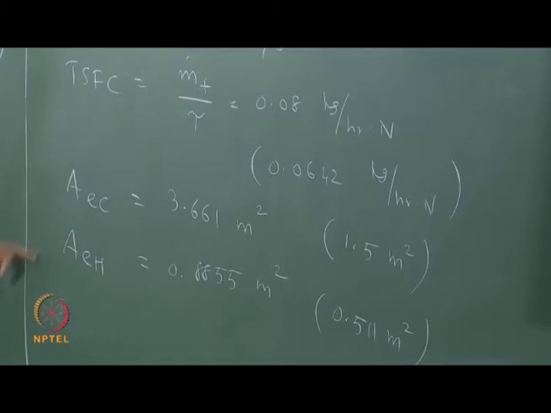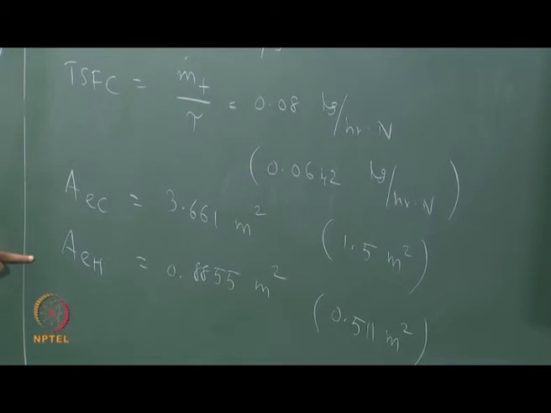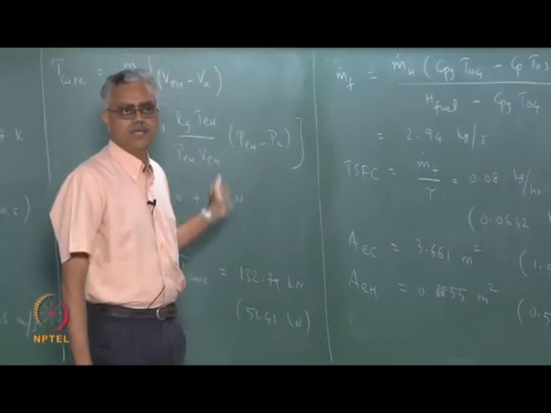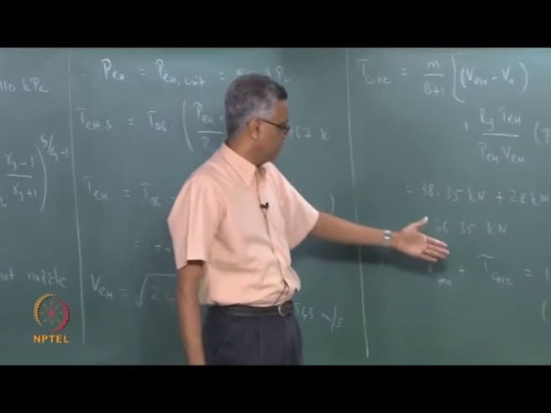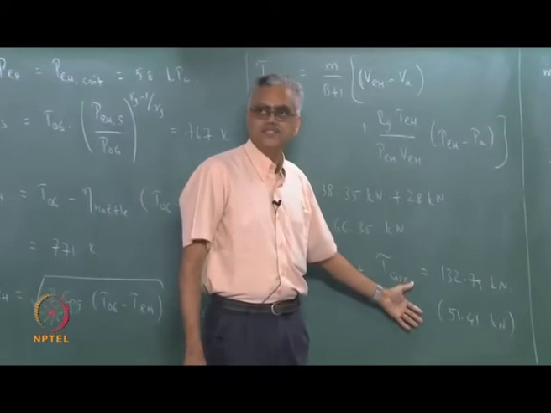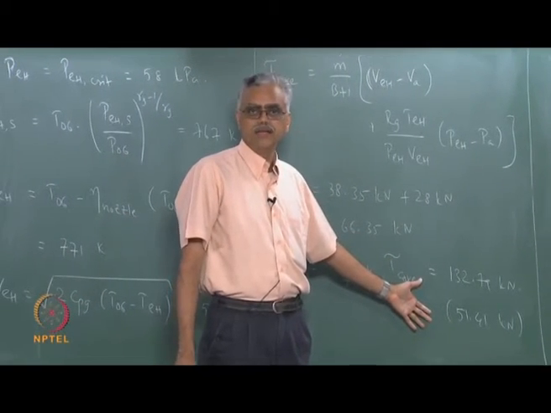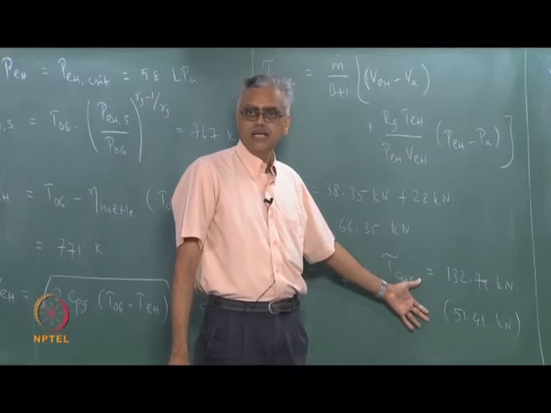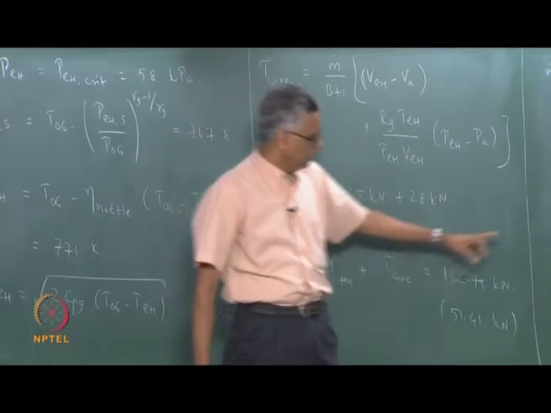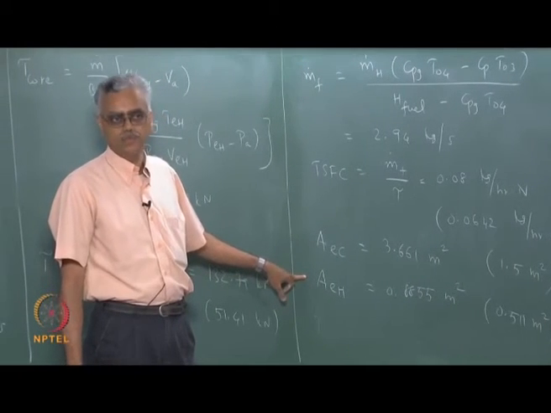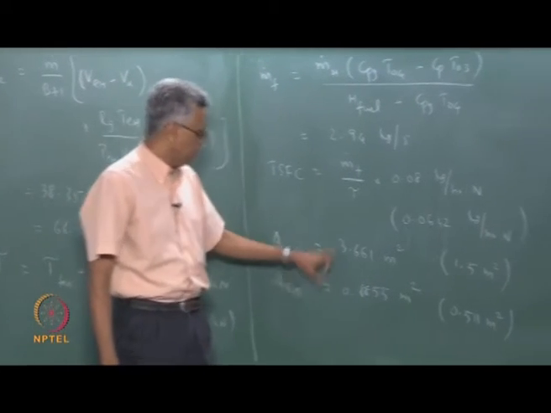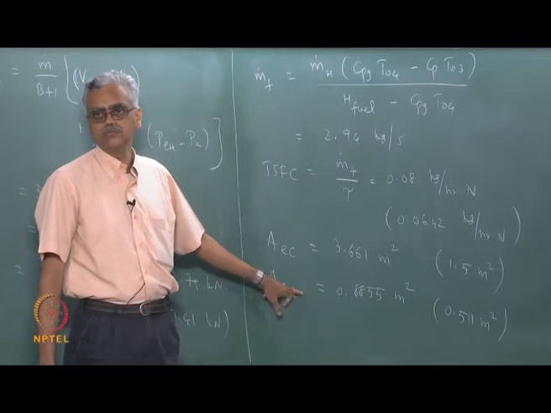So, now we can see what the problem is. We had kept m dot and T04 the same. If you do that and go ahead with the calculation, we can see that there is very poor agreement with the value quoted by the manufacturer, and the reason for that lies in this. To pass the same mass flow rate and have the same T04, we need these kinds of areas for the cold and the hot nozzle.